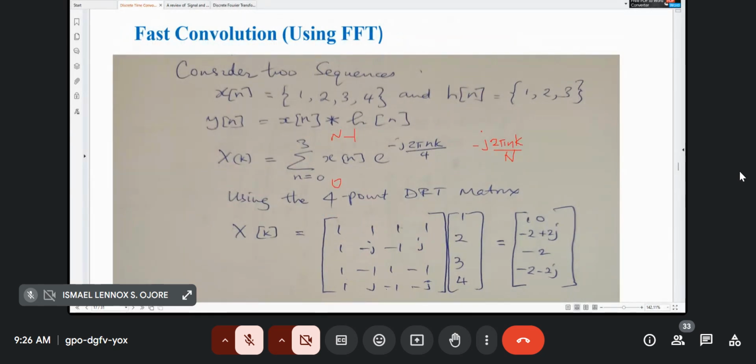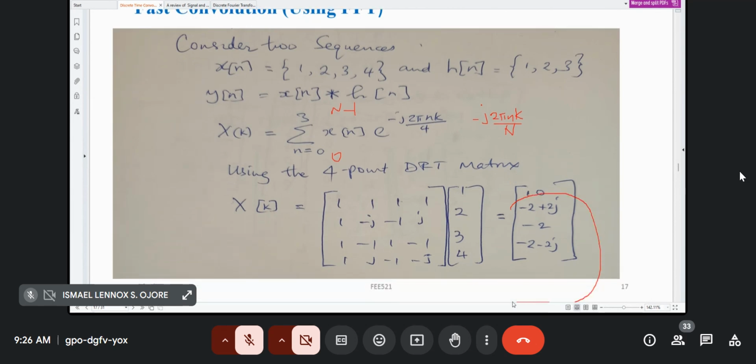This is a 4-point DFT matrix. We are going to show you how to derive it, and it works very well. So X of k will be this. So we have found X of k for this.